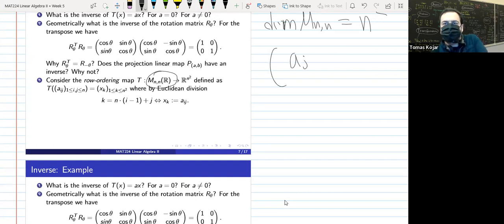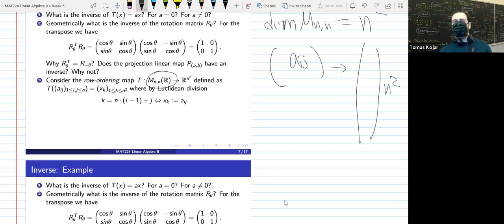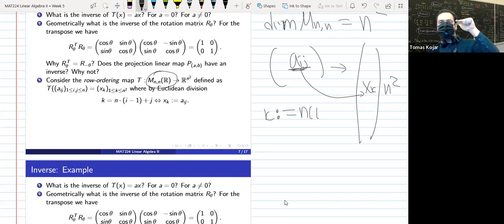You give me some matrix A_ij, then you want to map it to some n squared vector. You map the entry A_ij to x_k, where you set k to be n(i minus 1) plus j. The reason this works is because it works the other way.